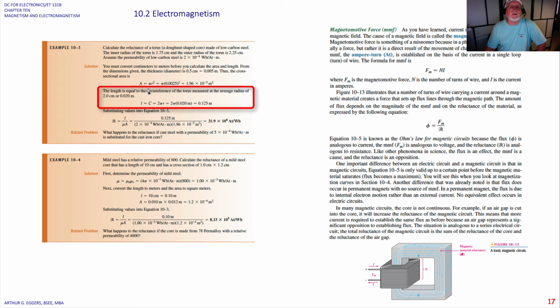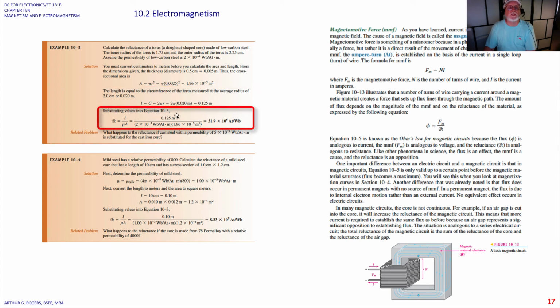The length is equal to the circumference of the torus measured at the average radius of 2 centimeters or 2/100ths of a meter. So the length is equal to the circumference, which is equal to 2 pi times the radius, which gives us about 1/8 of a meter, 0.125 of a meter.